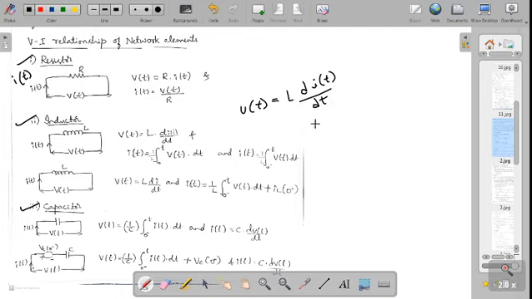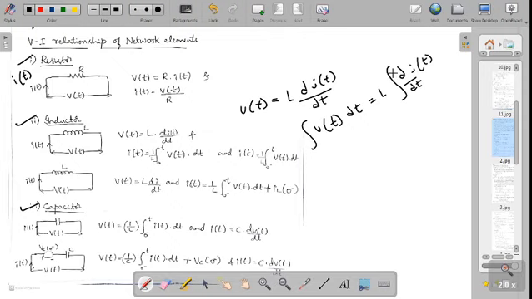Integrating on both sides, we get integration of v of t dt equals L into integration of d by dt of i of t.